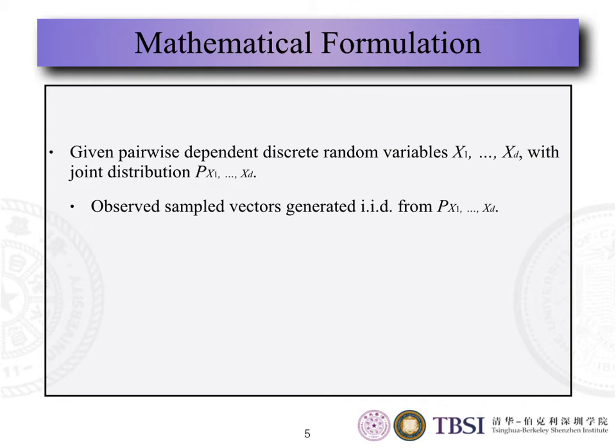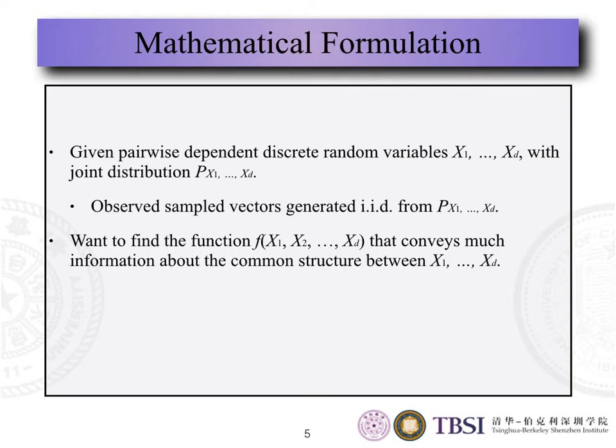Now here is our mathematical formulation. Suppose that we are given a sequence of pairwise dependent discrete random variables X1 to Xd with joint distribution P_{X1...Xd}, and assume that we can observe a sequence of sample vectors which are i.i.d. generated from the joint distribution P_{X1...Xd}. Our goal is to find a function f of X1 to Xd so that this function can convey much information about the common structure shared among these random variables X1 to Xd.